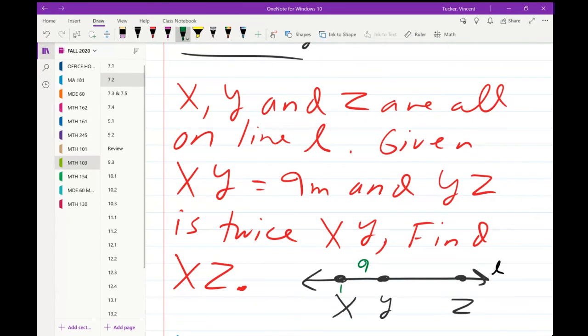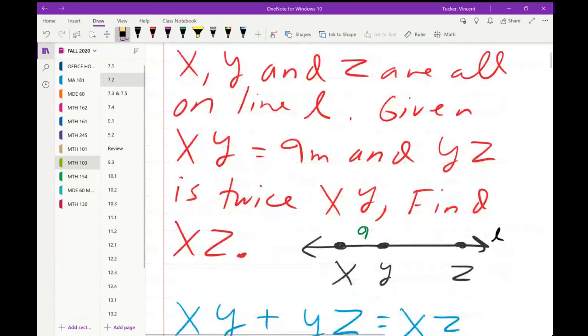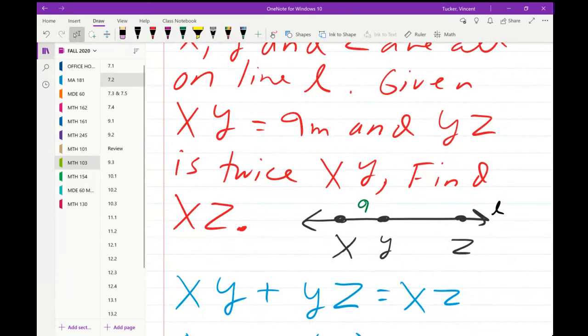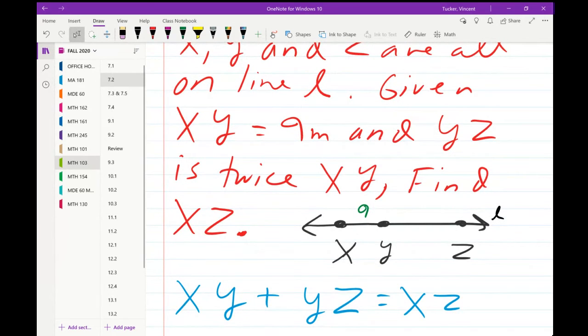So you want to find from here to here. How much would that be? If you just had to set it up as an equation, notice I have XY plus YZ is equal to XZ. You have this piece plus this piece, which gives you the whole XZ.